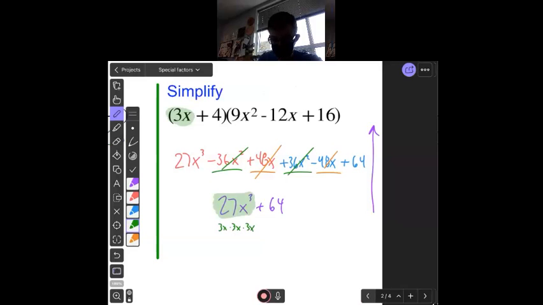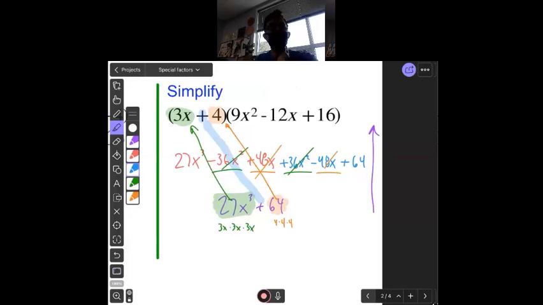The cube root of 27x cubed is 3x. And then there's also a special relationship here. That 64 is equal to 4 times 4 times 4. So the cube root of 64 is 4. Okay? And then this sign right here is always going to be the same as that sign here.